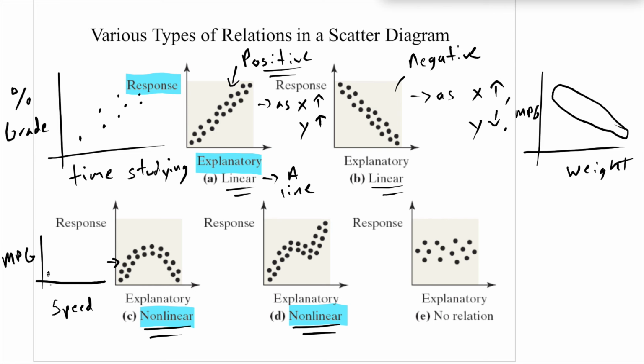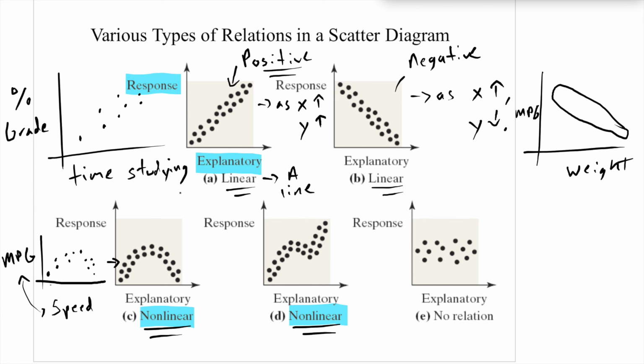If you're driving at low speeds, your miles per gallon isn't that great. And eventually at a certain speed, your miles per gallon sort of gets a maximum, the most efficient speed for your car. And then when you drive faster, your miles per gallon gets lowered. So these 2 variables, they are related, but they're not linearly related.